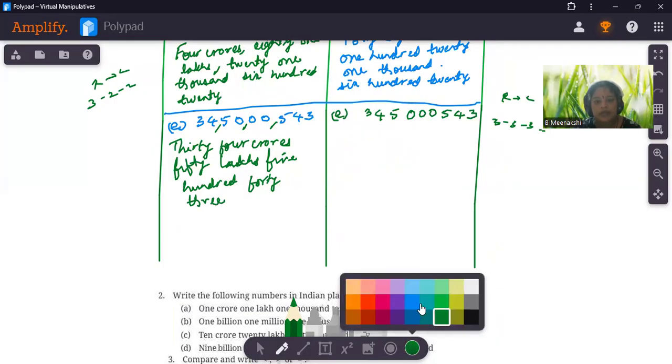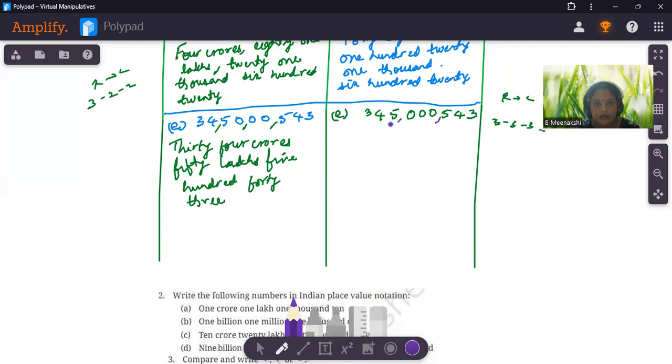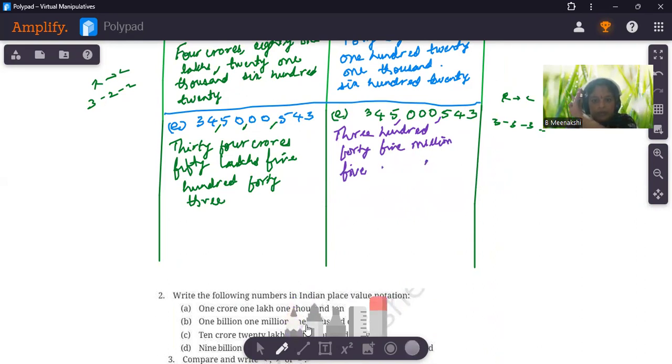According to the American place value system, what will we write? 345 million, five hundred forty-three.